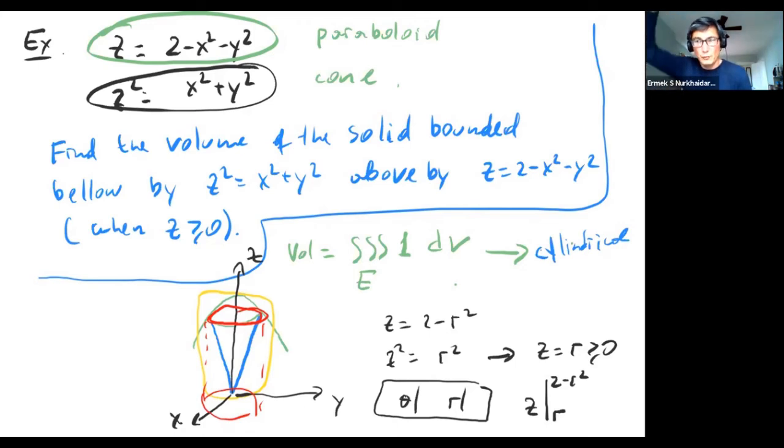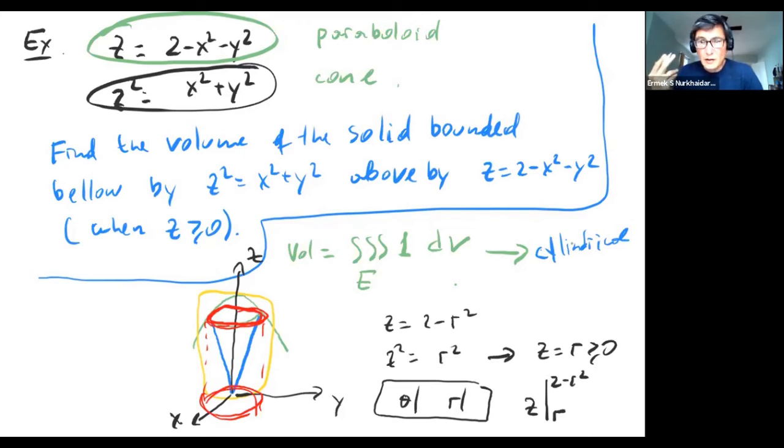We project the whole solid onto the xy plane, and we want to see the shadow. Usually the boundary of the shadow comes from the intersection of the two surfaces.